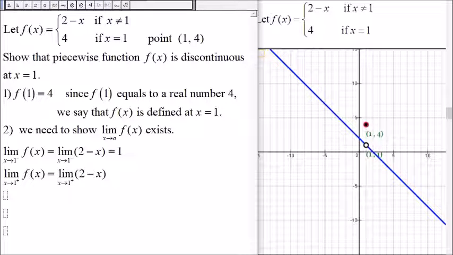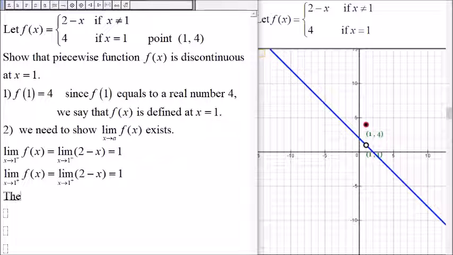So it'll be 2 minus x. And again, as x approaches 1, then 2 minus x approaches 2 minus 1, which is 1. And therefore the limit from the left of 1 is equal to 1, and the limit from the right of 1 is also equal to 1.